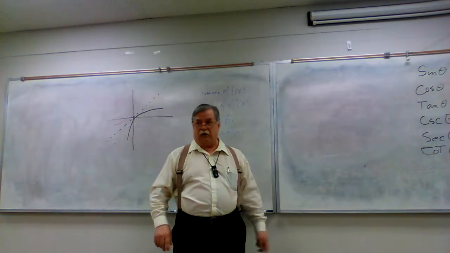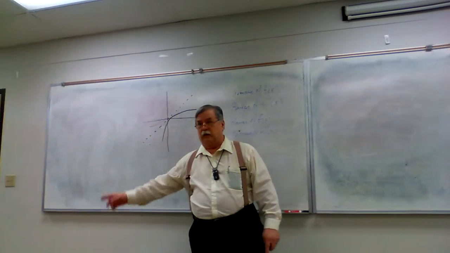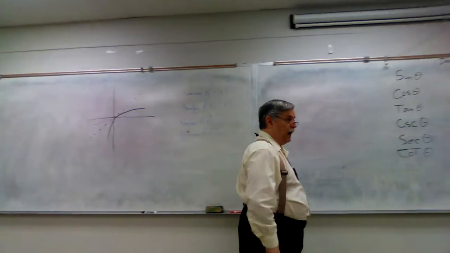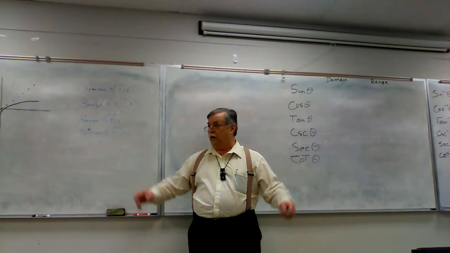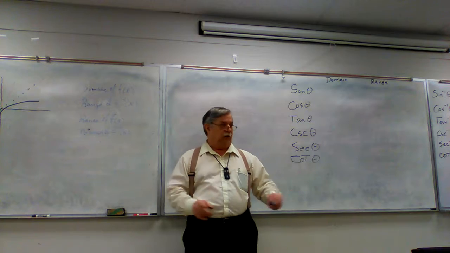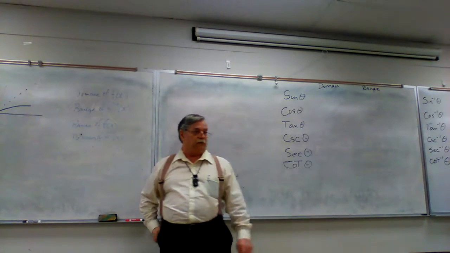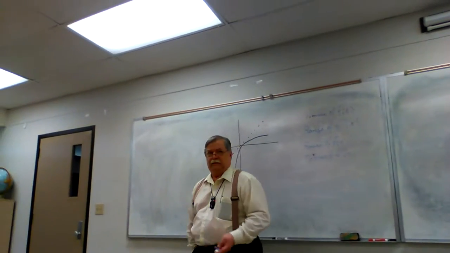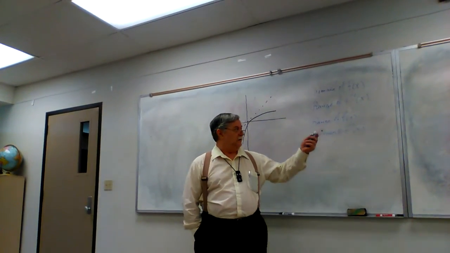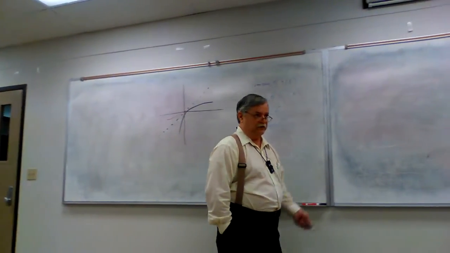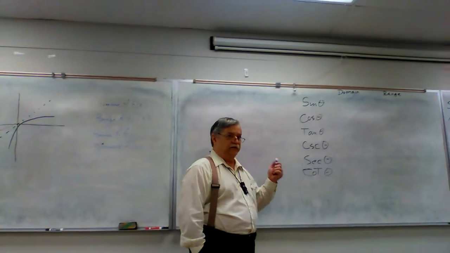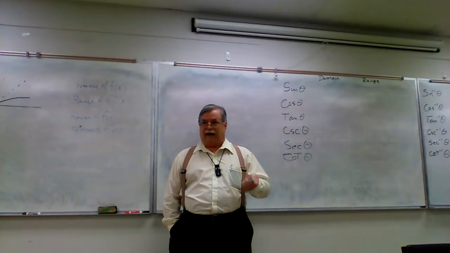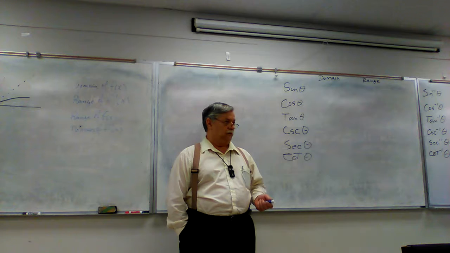And in the case of all of these trigonometric functions, pick any value of y in their range, and you will get an infinite number of x's that produce that y. That means that sine, cosine, tangent, none of these trigonometric functions as they exist can have inverse functions.